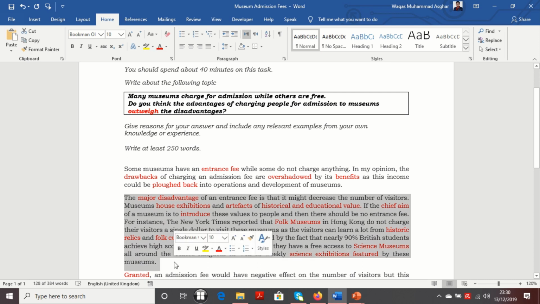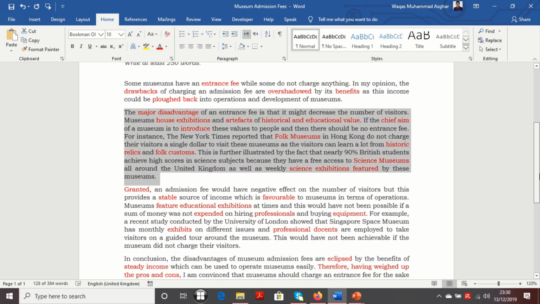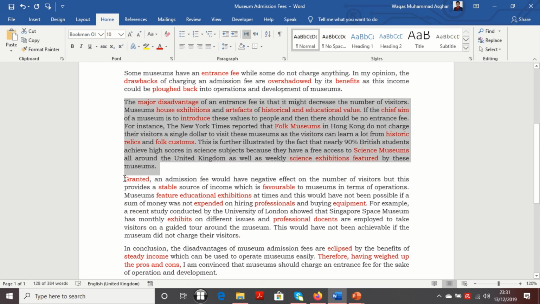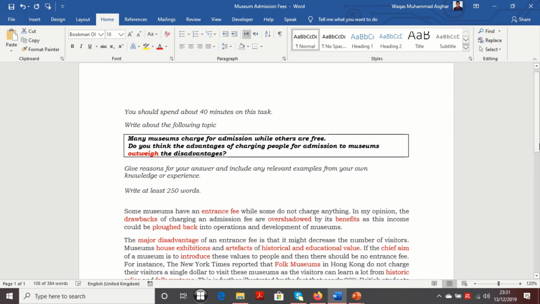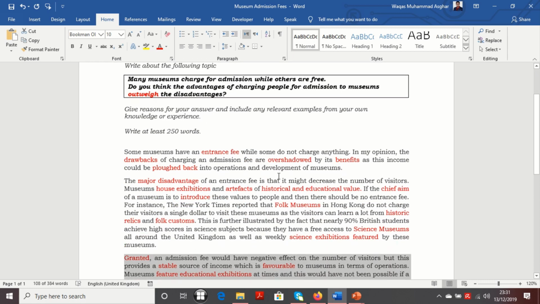Sorry, if we say that there are more disadvantages, then in our first body paragraph we will discuss the major advantage, and in our second body paragraph the major disadvantage. Quite simple. As I read, I will also guide you.